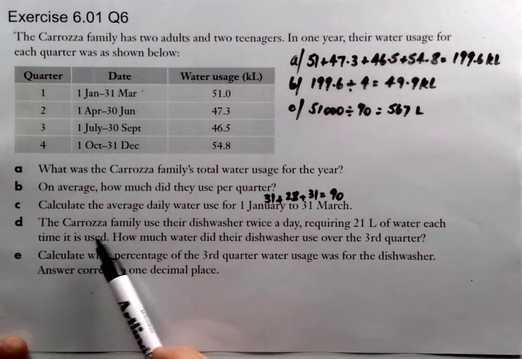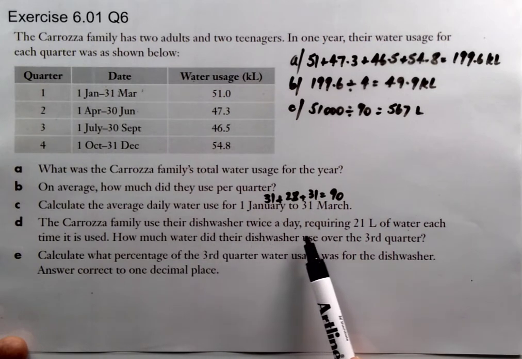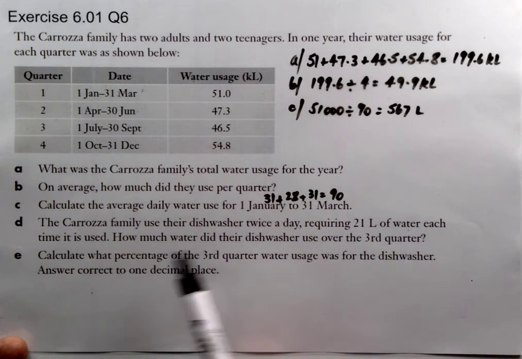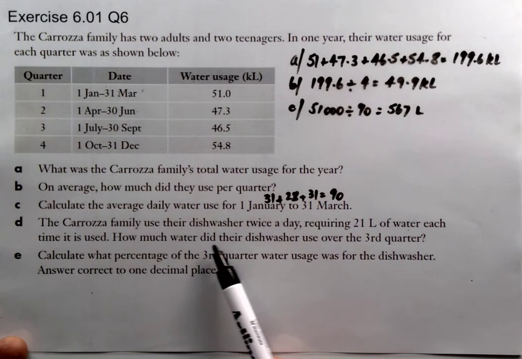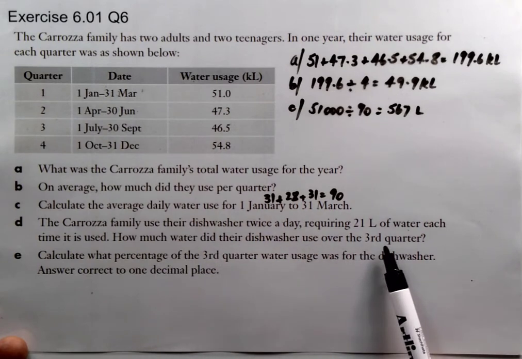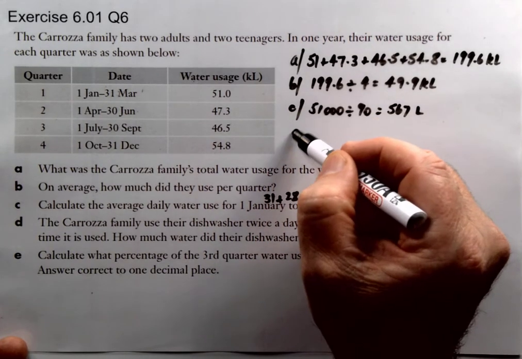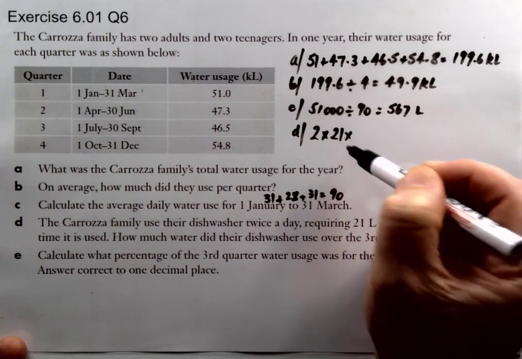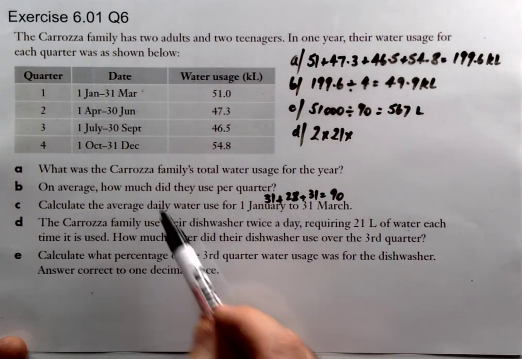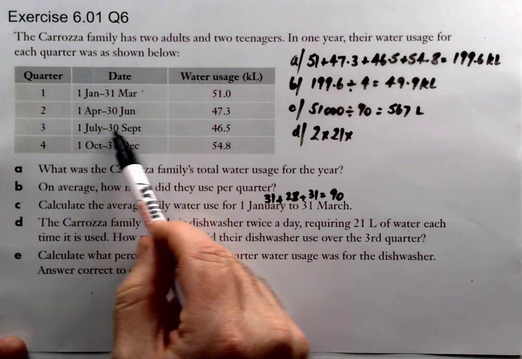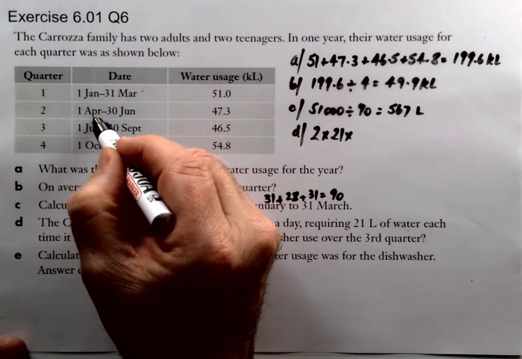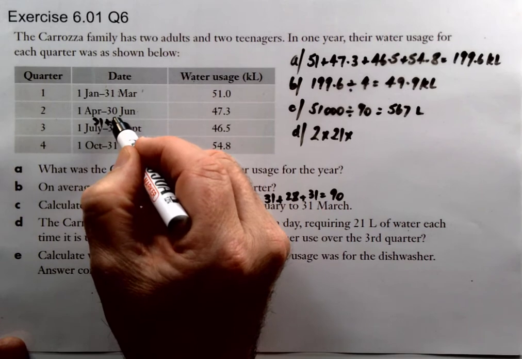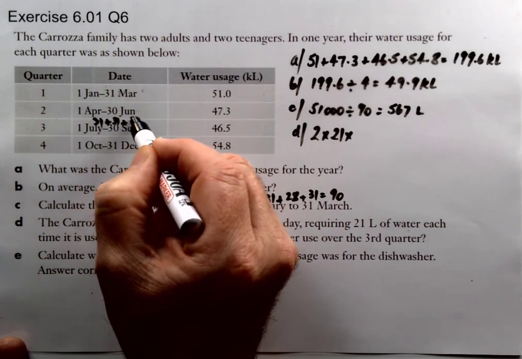Part D, the Crozza family use the dishwasher twice a day, requiring 21 litres of water each time it's used. How much water did their dishwasher use over the third quarter? Okay, so they're going to use it twice a day. Each time it will use 21 litres. And okay, so we need to work out how many days here. So July has got 31, August has got 31, and September has got 30.